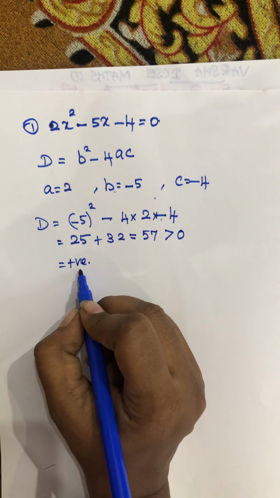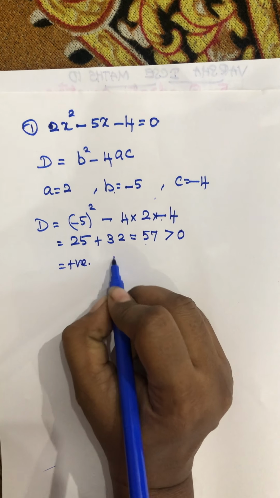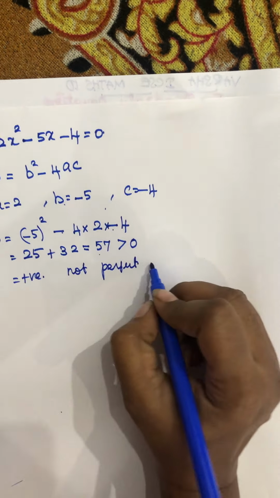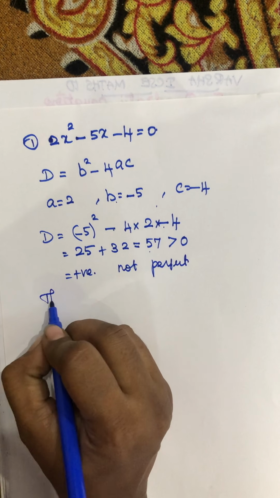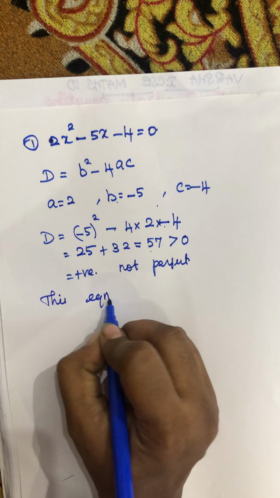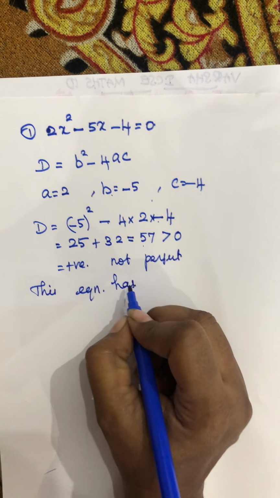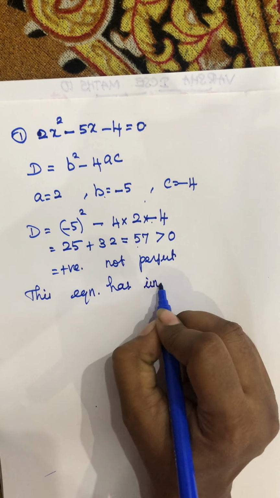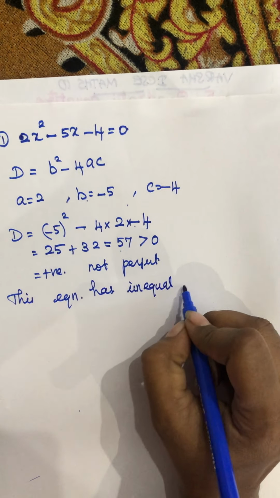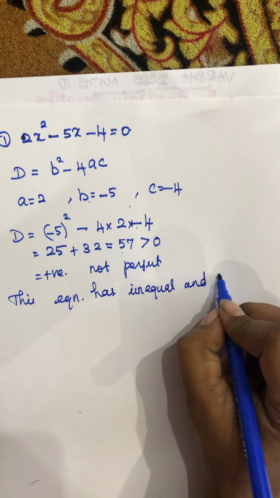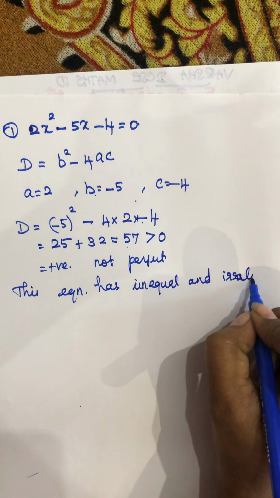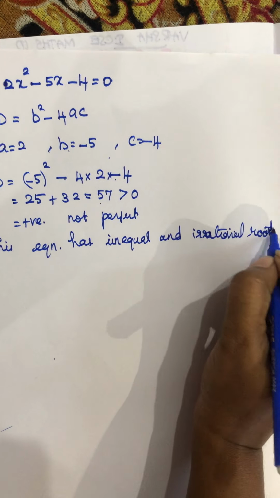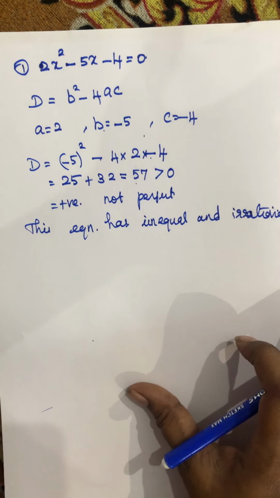Is it a perfect square? 57 is not a perfect square. So what is our condition? If it is not perfect, the equation has unequal and irrational roots. Do you understand?